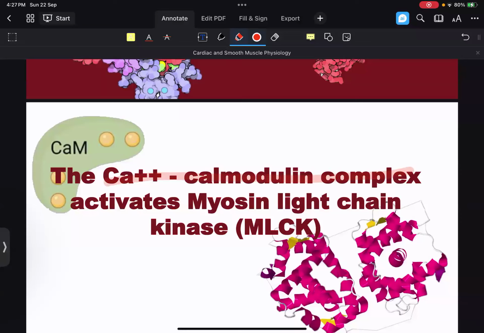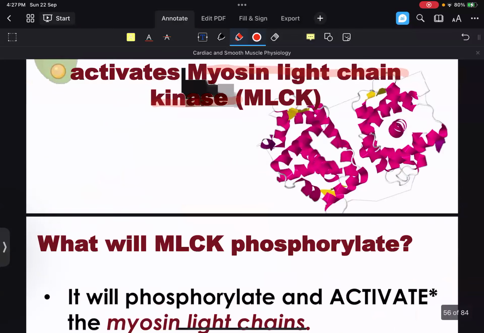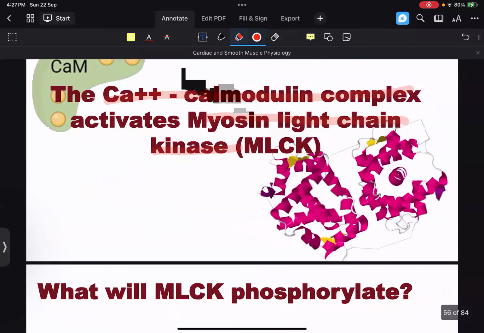This calcium calmodulin complex is going to go and activate an enzyme called the myosin light chain kinase. Okay, so once again, what will this myosin light chain kinase do? I don't know if you guys are familiar with this, but basically, kinase is a very specific type of enzyme that phosphorylates. Okay, it will always phosphorylate.